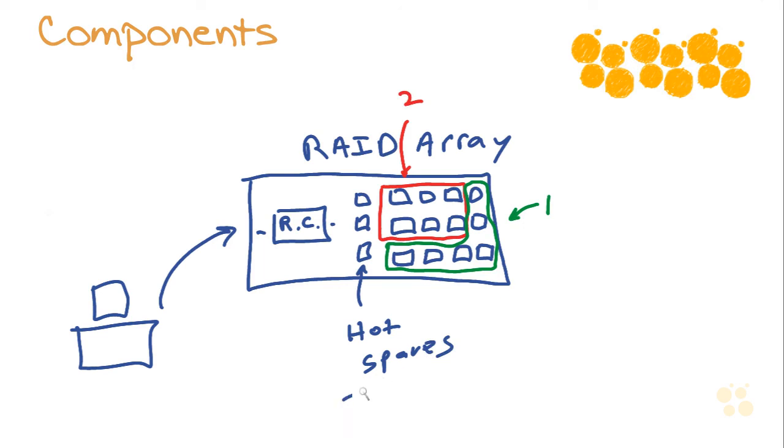And these disks are designed to sit here and wait for a failure so that they can be implemented to replace that failed particular disk inside of our RAID array.